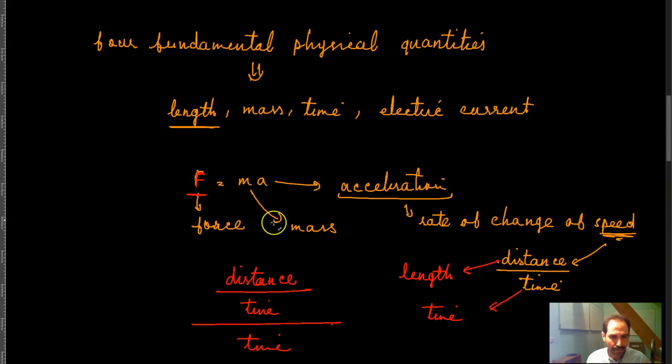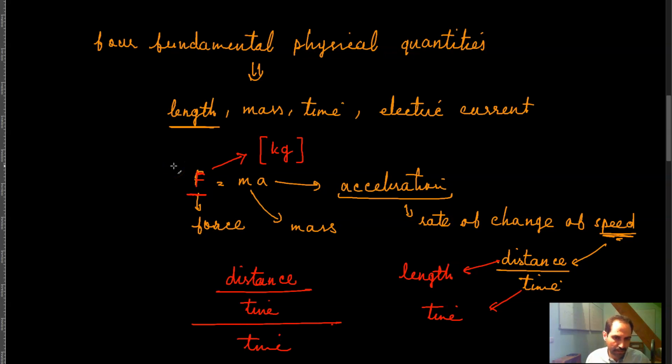And then the unit for mass, we also have among these 4 units. So I can say that force is the same thing as the unit for mass, which is kilogram in the system that we use. And we use the SI system of units.